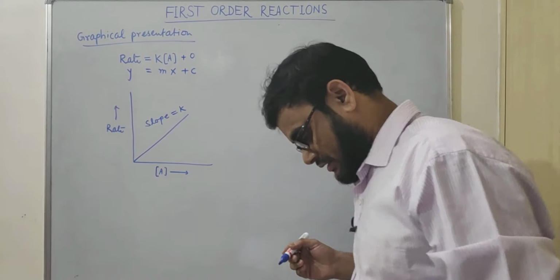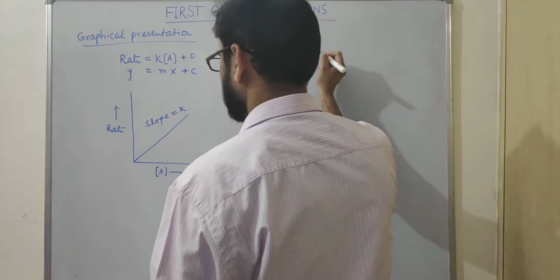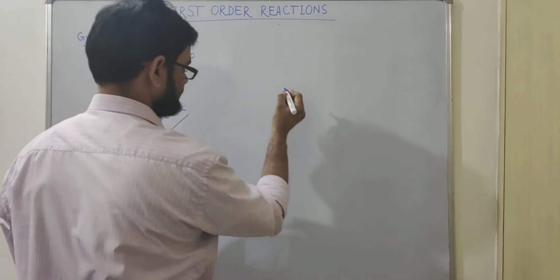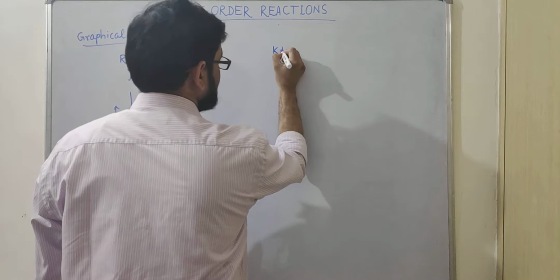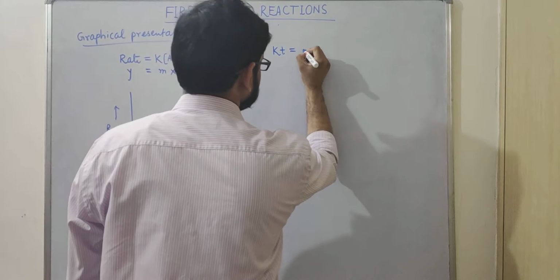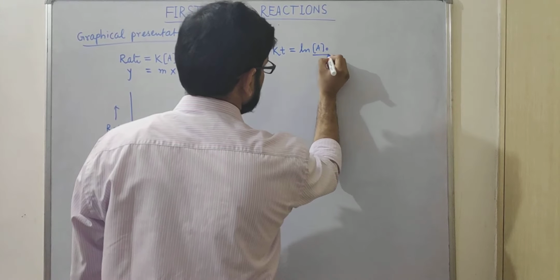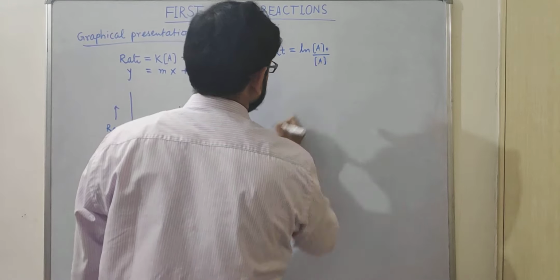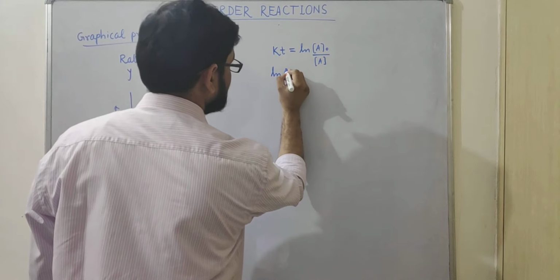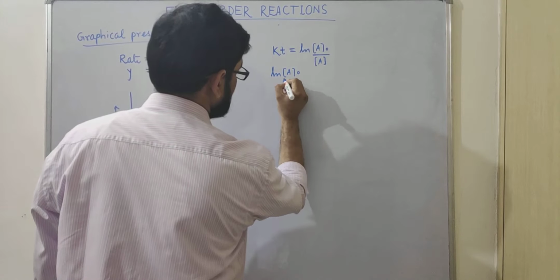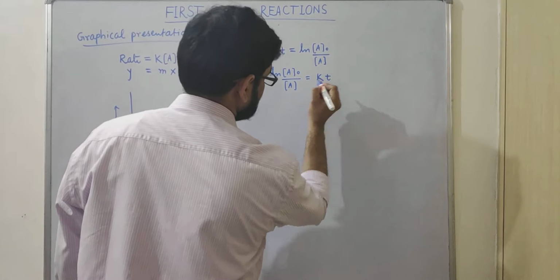We have another form of integrated form of the first order reaction. kt is equal to ln A0 upon A, or we can write ln A0 upon A is equal to kt.